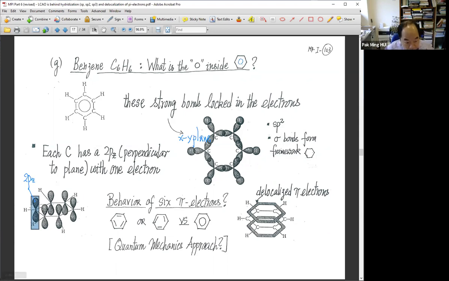Each has this, and also each has one electron in it. So altogether, we will have 6 2pz, each from every carbon, and then 6 electrons all together. All right. Now, there is a question.